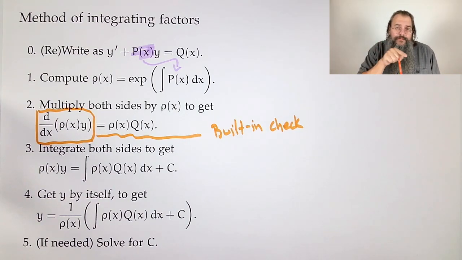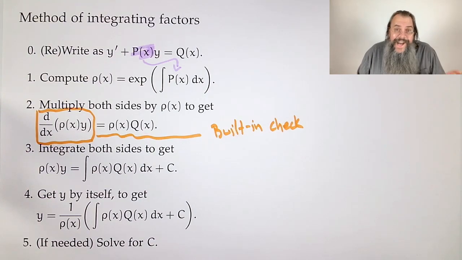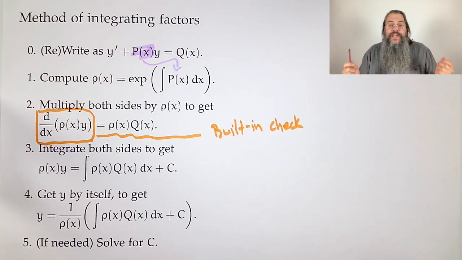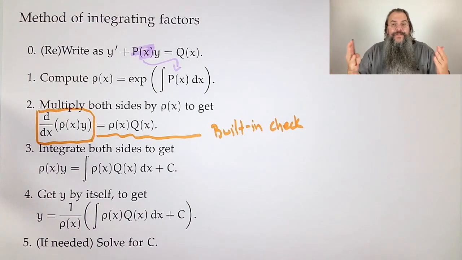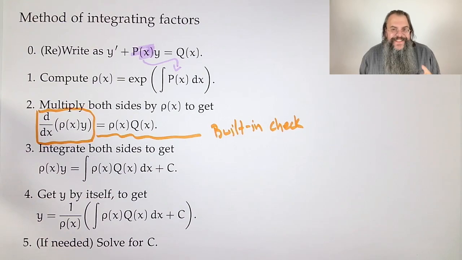You can carry that computation out, usually fairly quickly. If it's not, whoops, mistakes were made, quickly go back and check your work. And if it is, then you like, yes, for sure, I nailed that integrating factor. High five! Yes. All right, so that's just something to keep in mind.